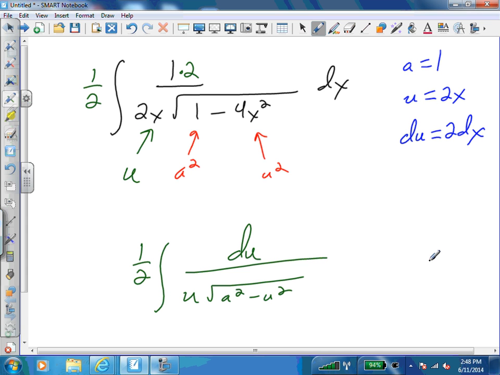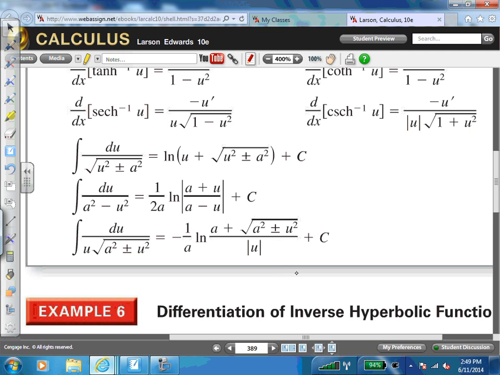If we compare our formulas on 389 and 378, the one that has du over u square roots of a squared minus u squared, that's the one that's on 389. Du over u square roots of a squared minus u squared.